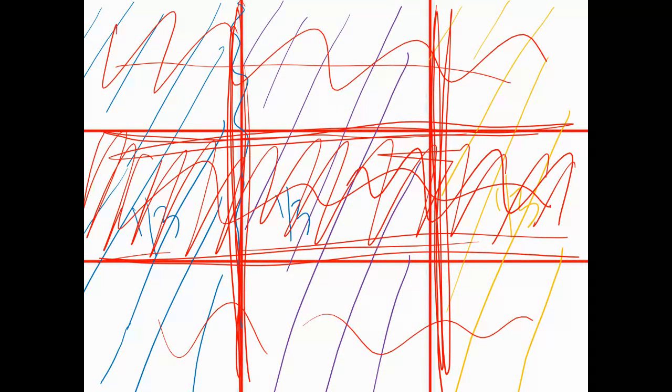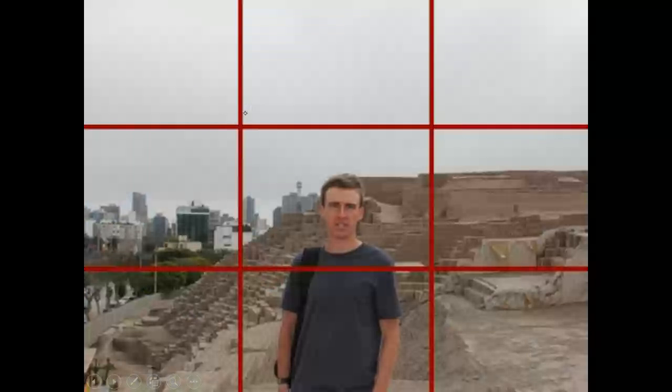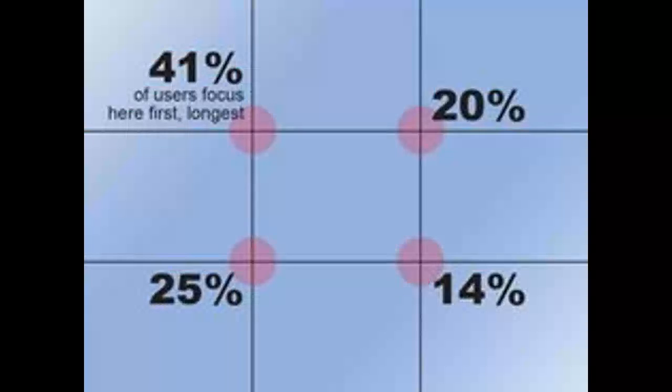This came from a really crazy thing that we did. When we took pictures and put them in front of people, we noticed that 41% of the people or users actually stare here the longest, right there. Whoops, I'm going to go back. They actually stare there the longest, which is so crazy.